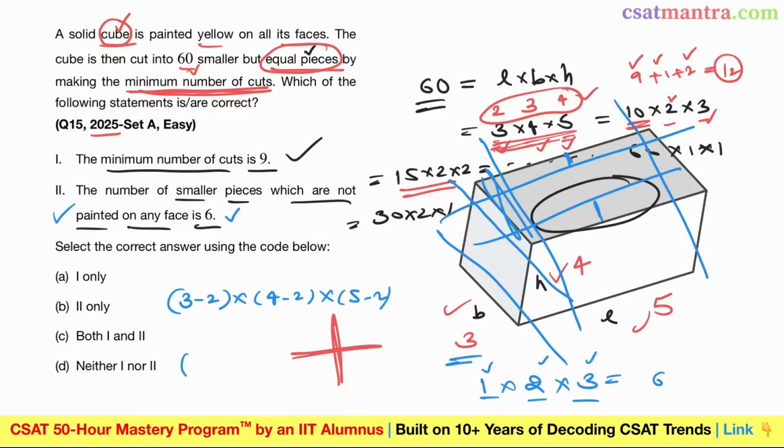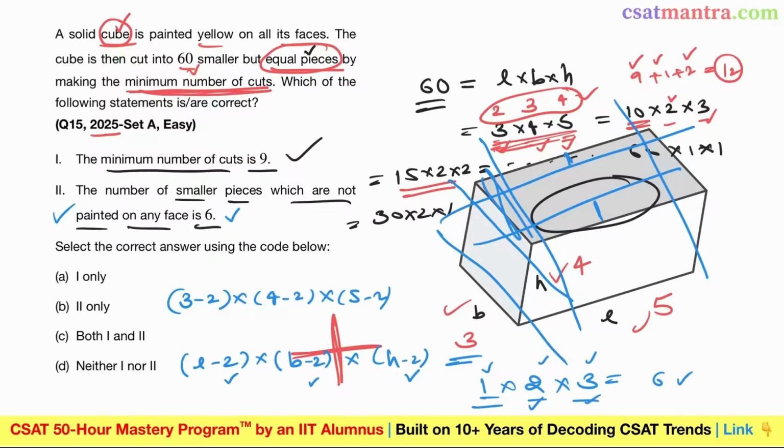That is L minus 2 into B minus 2 into H minus 2, because you have to remove 1 unit on left, 1 unit on right, 1 unit on front, 1 unit on back, 1 unit on top, 1 unit on bottom. So you are removing 2 units from every side. So 3 minus 2, 1; 4 minus 2, 2; 5 minus 2, 3.